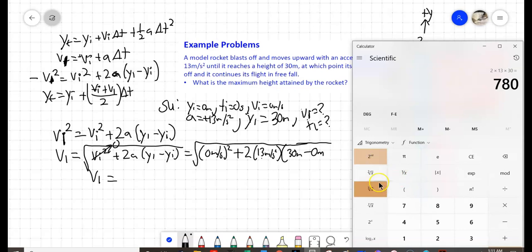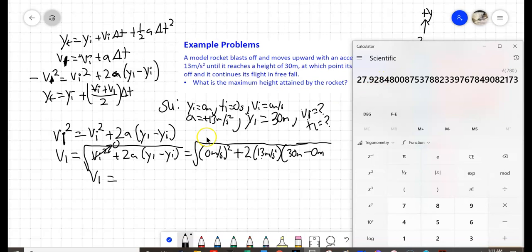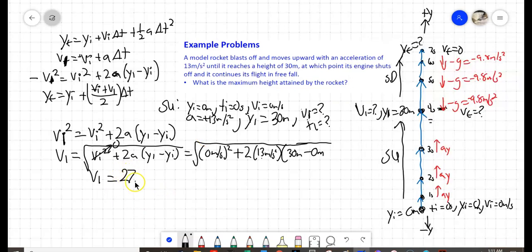Okay, square root of that, and that velocity is going to be 27.93 meters per second. So now we know it was traveling at 27.93 meters per second at this point.